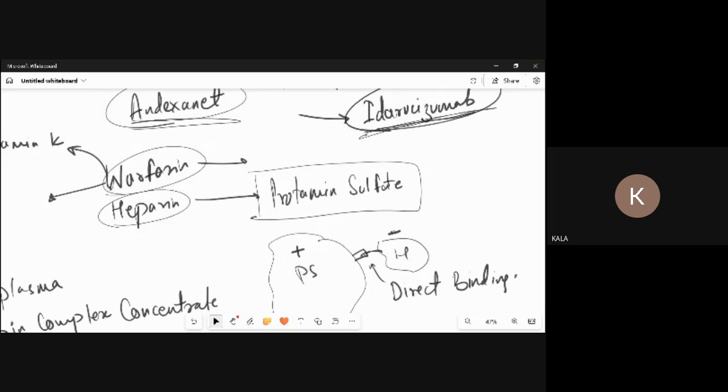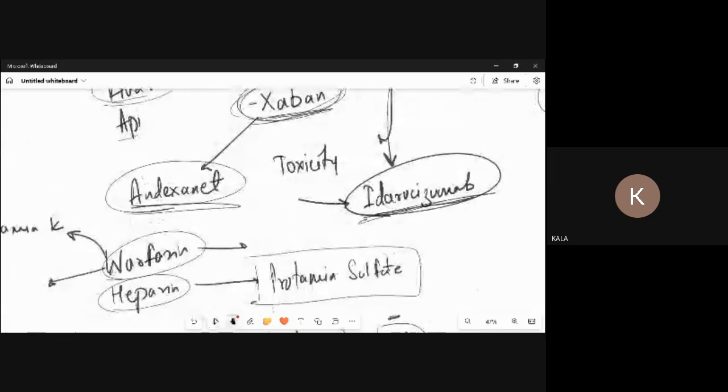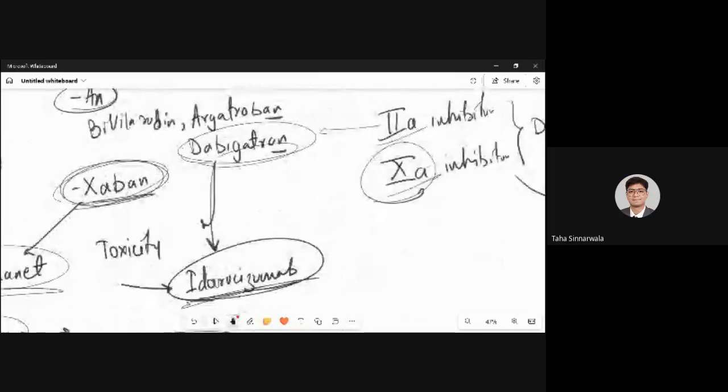My question is actually not on their toxicity, but on the mechanism of action. You say they block XA and 2A. Do they both block XA and 2A, or do they work separately on different factors? So for factor 2A, and not even all of them, only for dabigatran, it only works with this medication.